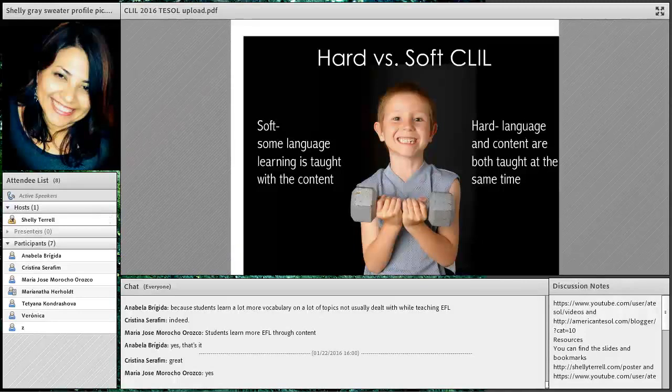So for example, let's say there was a diagram of the life cycle of the butterfly. You'll see where it's a caterpillar and then it becomes a butterfly. They might see the diagram and then learn vocabulary like butterfly, cocoon, and things like that. So they're learning a lot of vocabulary, but they're also learning about the cycle of a butterfly. So that's what CLIL is.